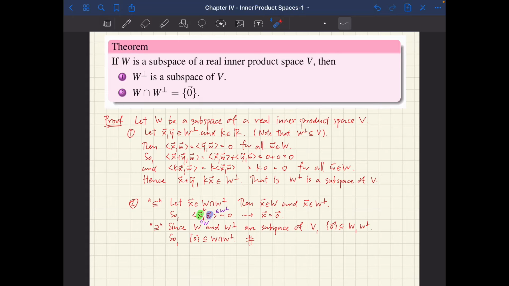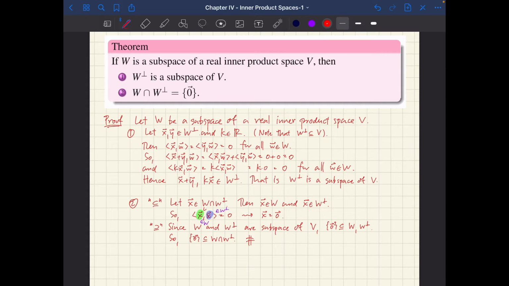So this is how to prove the first inclusion. For the second, we need to prove that the set of the zero vector is a subset of W intersect W perp. This one is quite easy. Why? Because we know that W and W perp are subspaces of V. What does it mean to be a subspace?